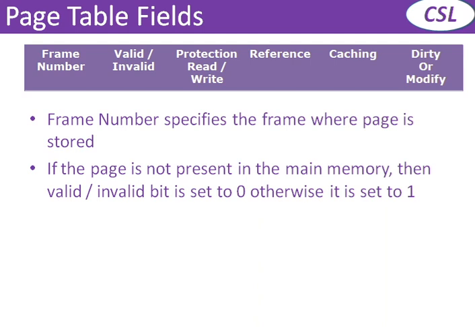If a page fault occurs, that means the page is invalid; otherwise it is valid. If the page is not present in the main memory, then the valid or invalid bit is set to 0. If it is 0, it is not available. If it is 1, it is available.